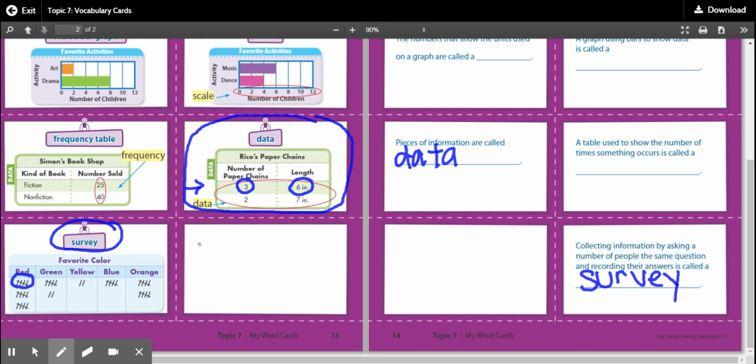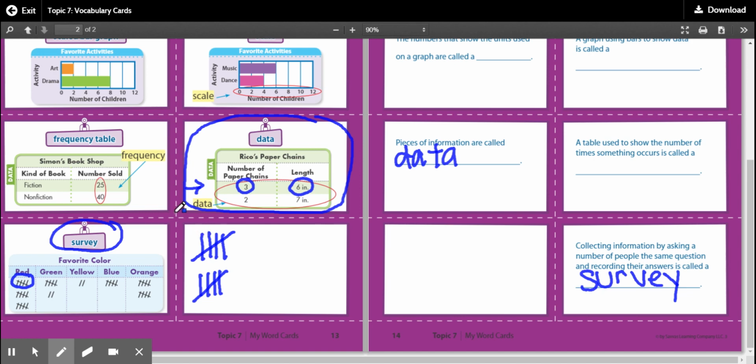And we remember how tally marks work, right? 1, 2, 3, 4, 5. 1, 2, 3, for example. But whenever you get to that 5th, you put a line through your tally marks. Okay, so how can you represent all of that data?